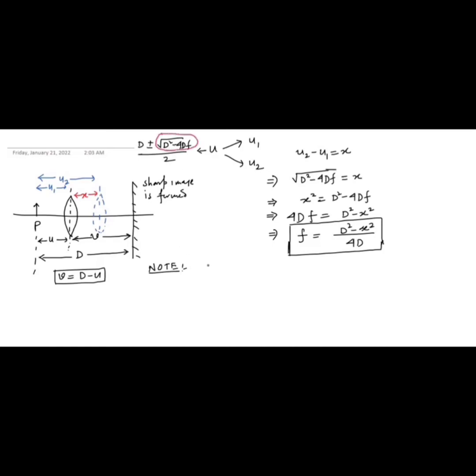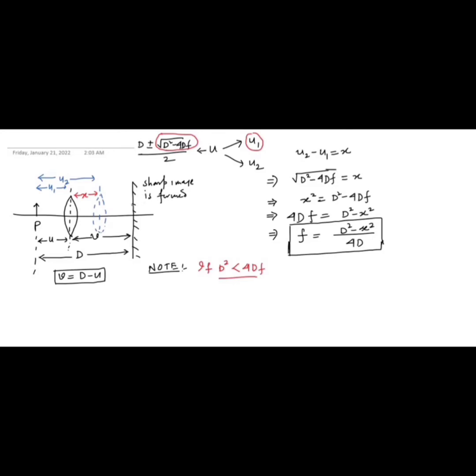If d square would have been less than 4df, then this part would have been imaginary. So the values of u1 and u2 would have been imaginary. So there will not be any real image on the screen, because the positions u2 and u1 would have been imaginary.